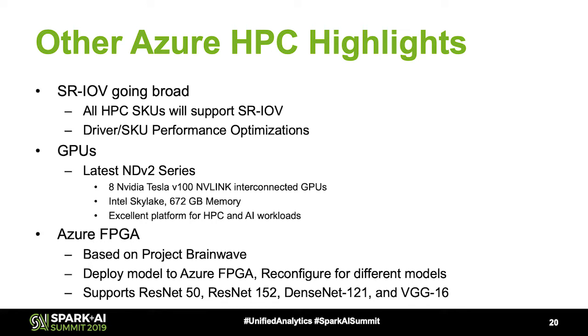And GPU-wise, one of the highlights that I want to show was the NDv2 series. These have 8 NVIDIA Tesla V100 GPUs connected over NVLink, and Intel Skylake with 672 GB memory. And we believe these are excellent platforms for both AI and HPC workloads.